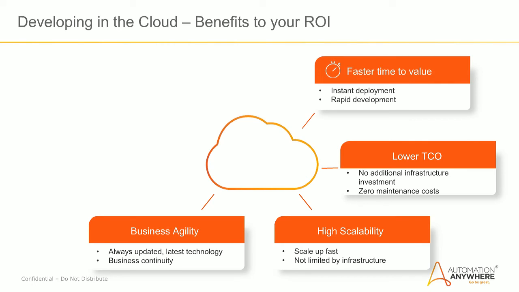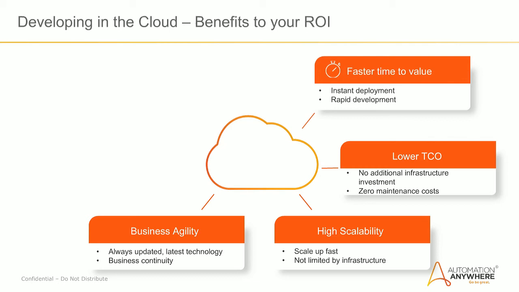And in terms of business agility, so another critical factor, so many customers that we see will be really far behind on product versions because it's difficult for the customer to manage the updates of their software versions in an agile manner. So with A2019 Cloud, everything is constantly updated to the latest version with the latest technology and features available for building bots.